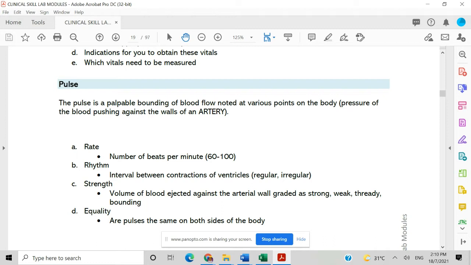Rhythm is the regular or irregular interval between contractions of the ventricle. Strength is the volume of blood ejected against the arterial wall, and equality is comparing the pulses on both sides of the body.